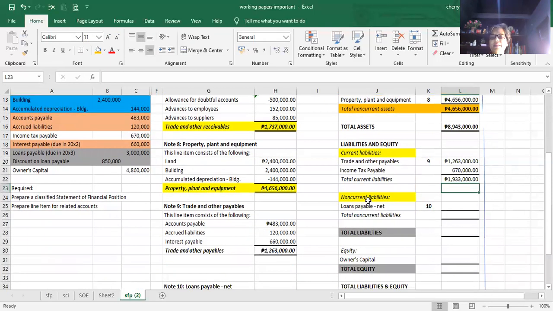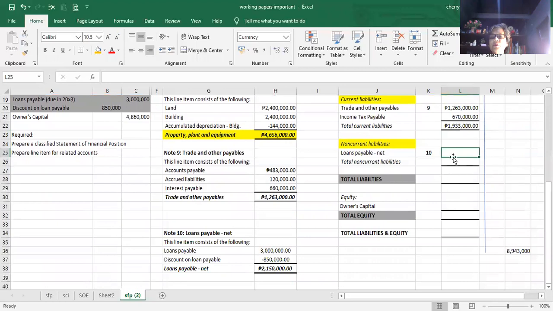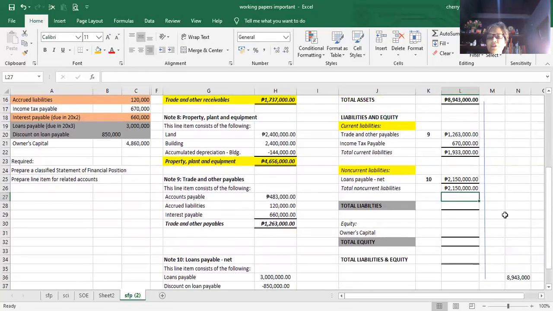So you get 1,933,000. How about non-current liabilities for note 10? So how much? We get 2,150,000, right? So equals 2,150,000. Enter. And then you're going to get the total. In order to get the total liabilities, you're going to add the total current liabilities and total non-current liabilities.